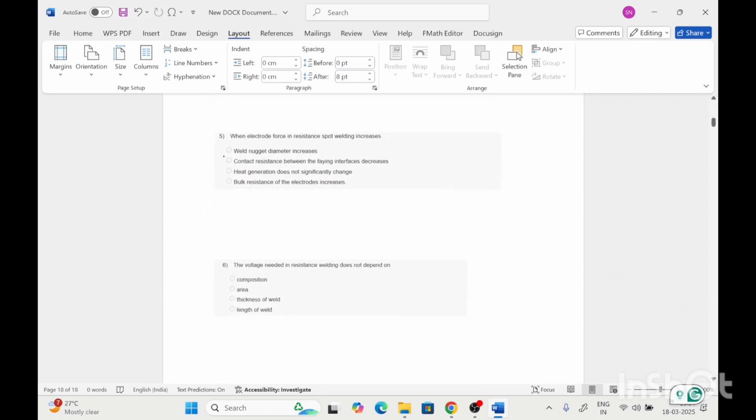So next is the question: when electrode force in resistance spot welding increases, the welding nugget diameter increases, the contact resistance decreases, heat generation does not significantly change, or bulk resistance increases. Is heat generation not significantly changing?